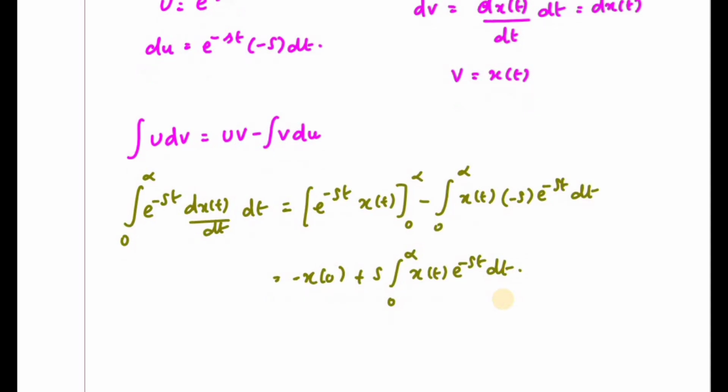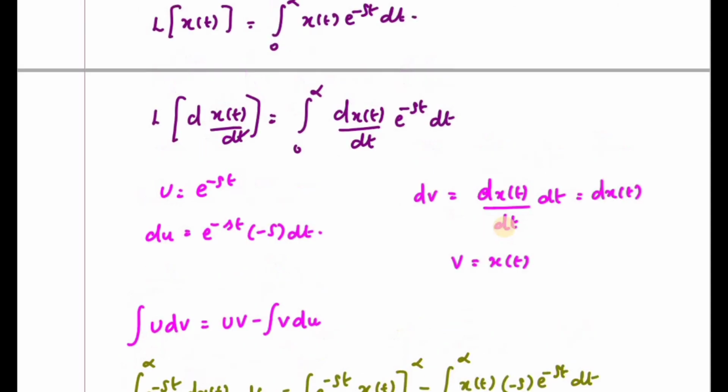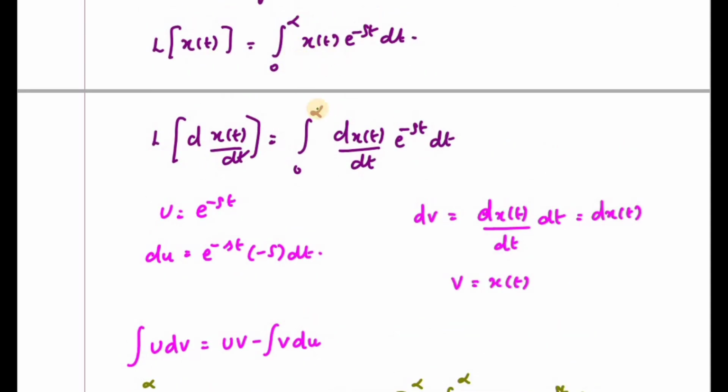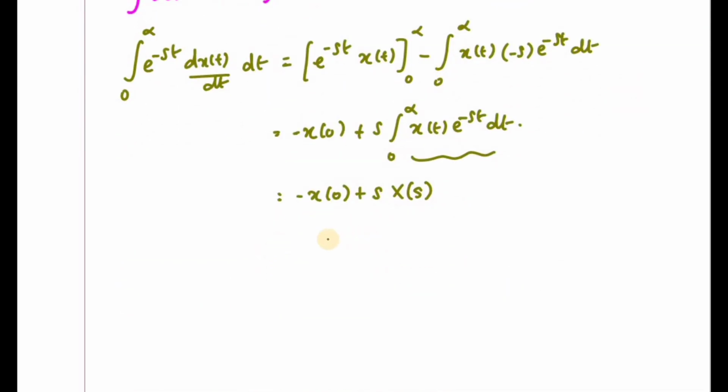So this is equal to minus x of 0 plus s into x of s, since this is the formula for x of s. You know the Laplace of x of t is capital X of s, so I'm substituting in this equation. This is nothing but the Laplace of dx of t by dt.